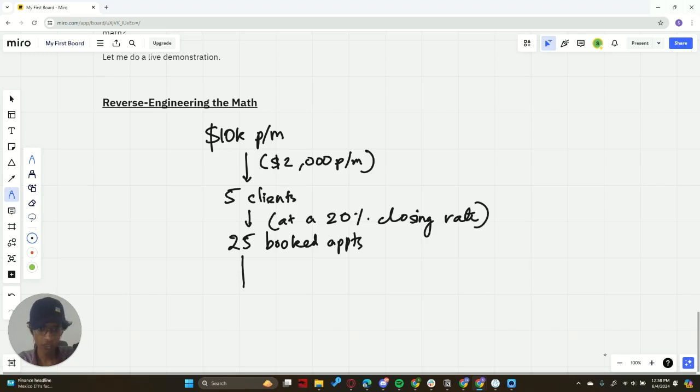So for 25 booked appointments, what is the amount of outreach needed? You determine that by figuring out how much outreach is needed for a booked meeting, right? Let's say it takes 1,000 outreaches to book one meeting. Then that means that you need 25,000 outreaches to book 25 booked appointments.